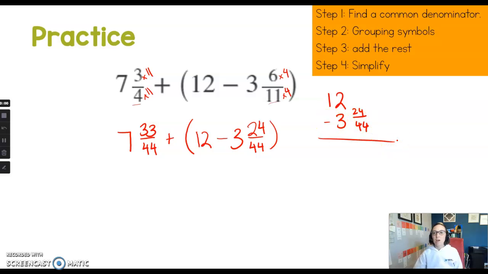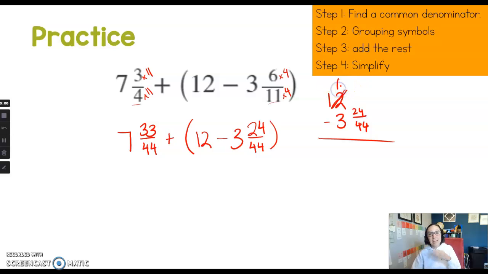We're going to subtract. So see, there's not a fraction here with my 12, so I need to make it have a fraction. So remember our fraction party. They go, hey, we need some 44ths. And they go, oh, we don't have any. So we're going to borrow from our 12. So we're going to come to 12, and we're going to say, hey, can we borrow one of you? But you need to turn it into 44ths.